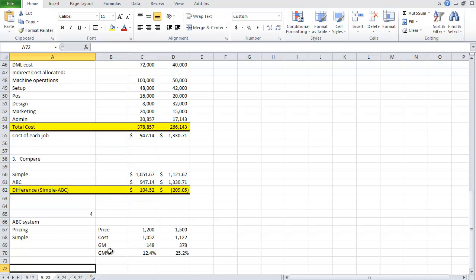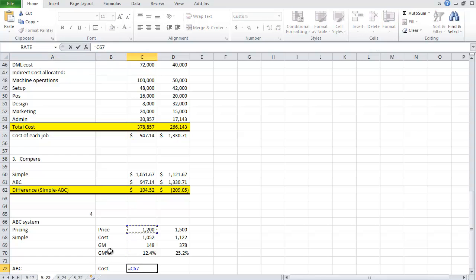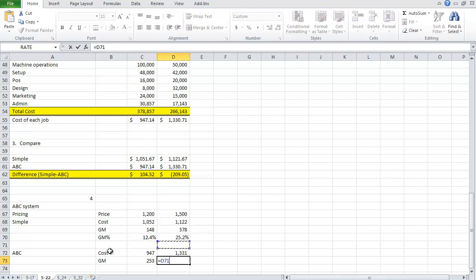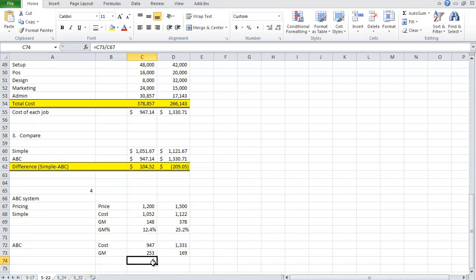Now we can see that if we had done this based on activity-based costing, let's put our cost in, and our cost, which would then give us gross margin of $253 and $169, which again as a percentage looks a little different.